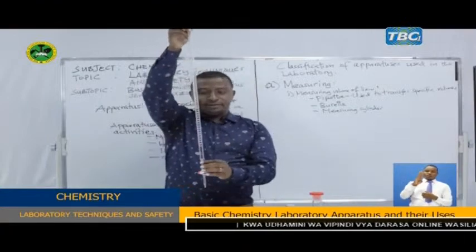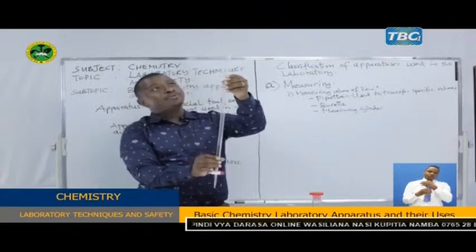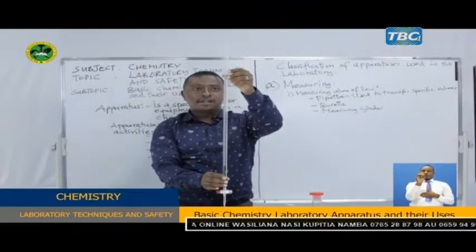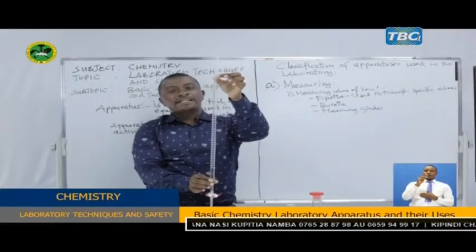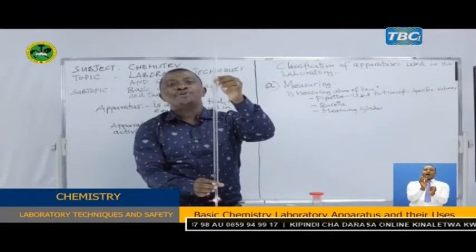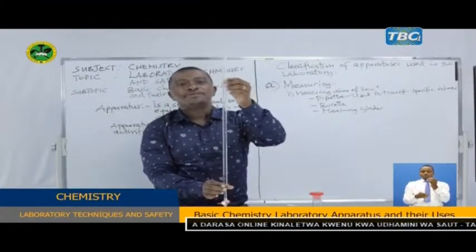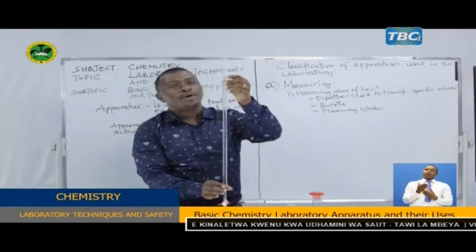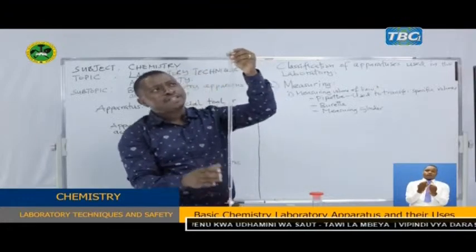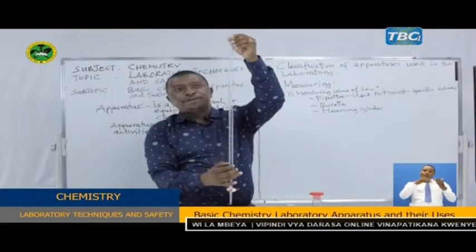This is the burette. You see, it has a volume of 50 cubic centimeters. This kind of apparatus is used to measure accurate volumes and dispense them. Why accurate volumes? You can see it is calibrated from 0 to 50.